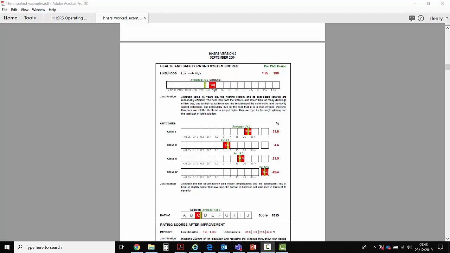So we'd try to make a decision whether we stayed in the 1 in 180 bracket, just the same as this worked example, or we go one bracket less likely for the chance of some kind of health issue over the next 12 months, in which case we say that it was 1 in 320. So we've got a choice of one or the other. So you can see, having gone from the whole range of potential scores, we've narrowed it down to just a couple that we can choose from. So that's how we use the worked examples to sort out the likelihood scoring.